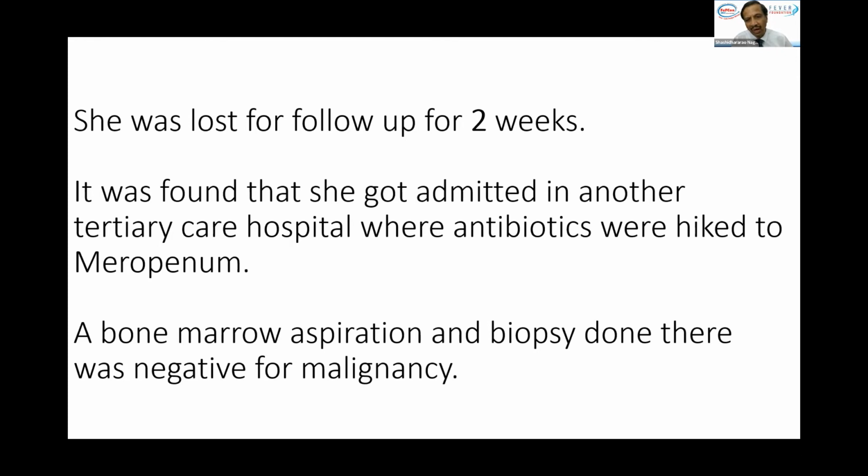We need to look at the differential diagnosis. A bone marrow aspiration and biopsy was negative for malignancy. That is fine, but I don't know what else the bone marrow found. What else can you find in the bone marrow? Number one, bone marrow is a good site for aspiration and culture. We were considering the possibility of brucellosis.